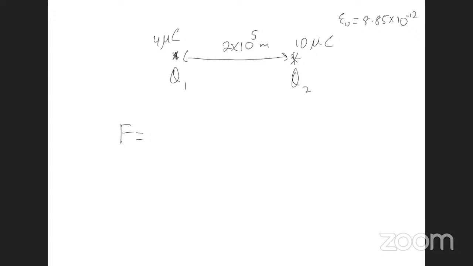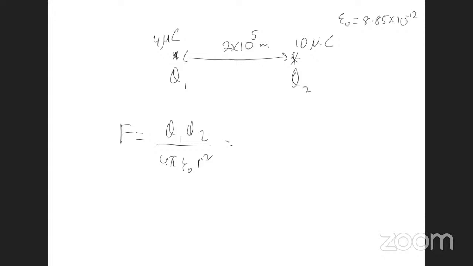Learn to use exponents. What we got? That'll be Q1, Q2 all over 4 pi epsilon r squared.